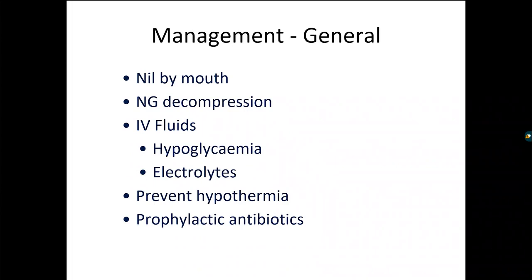Hypothermia is another very important aspect to consider, especially when you're transferring these babies across long distances to pediatric surgical centers. And all of these babies will be started on prophylactic antibiotics prior to transfer or prior to surgery. So these are principles that we employ in any baby, whether it's proximal or distal bowel obstruction, and regardless of the cause or the etiology.